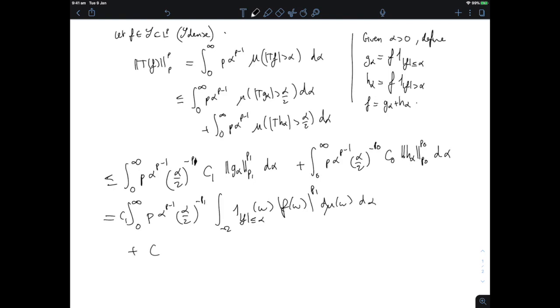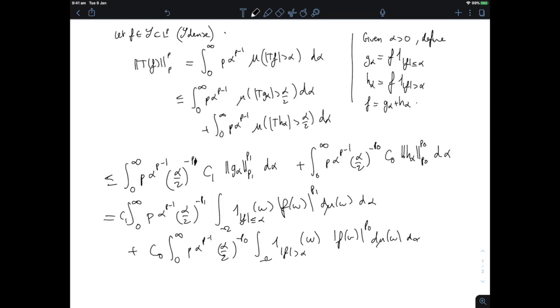And then I've got the same term with a C0 here, integral 0 to infinity, p alpha^(p-1), (alpha/2) to the minus p0, integral over omega, where f this time is greater than alpha, f of omega to the p0, d mu omega, d alpha. Right, I've just rewritten what these Lp0 and Lp1 norms are.